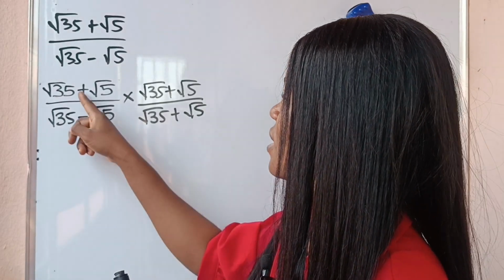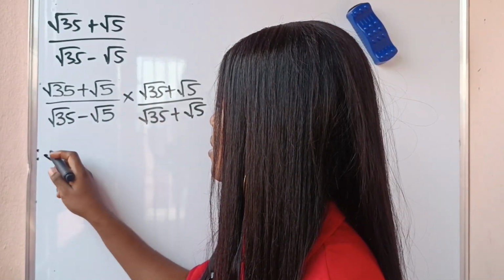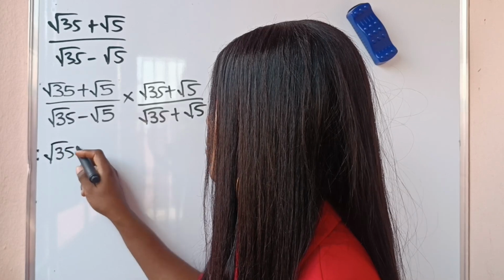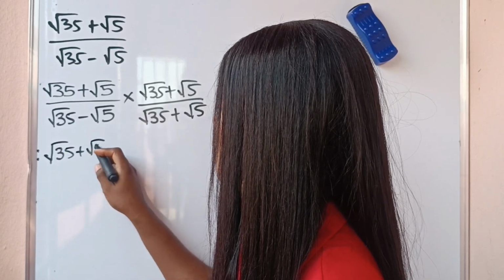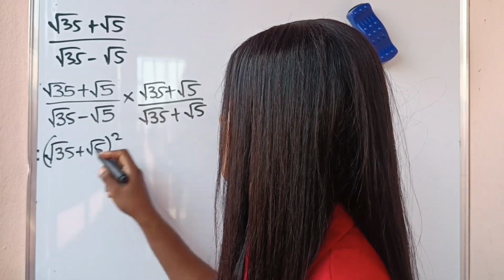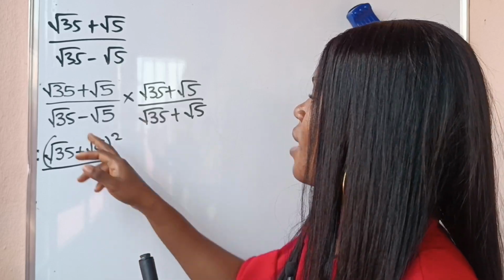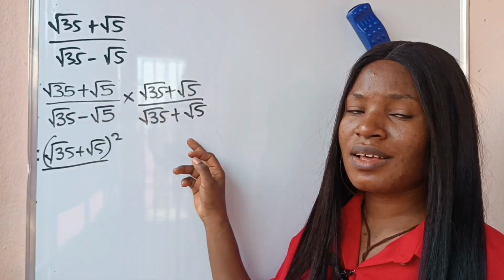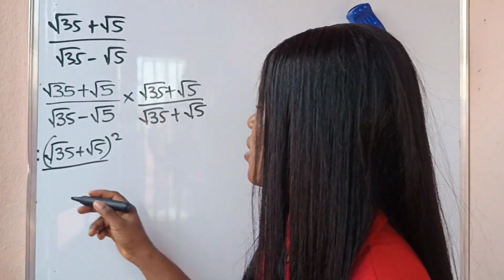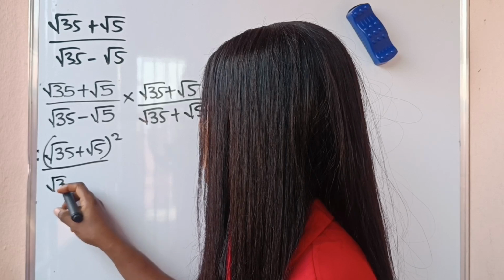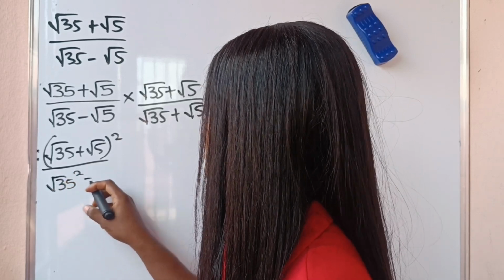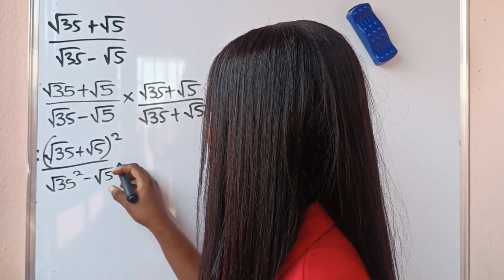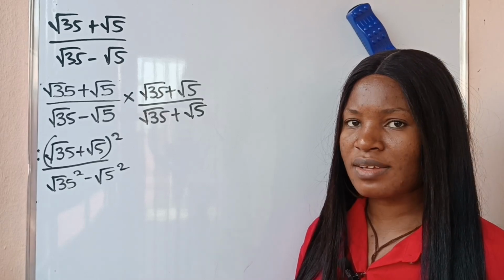Now this times this is the same thing as root 35 plus root 5 squared, divided by, now we've already discussed this is difference of two squares, so it's going to be root 35 squared minus root 5 squared, right?